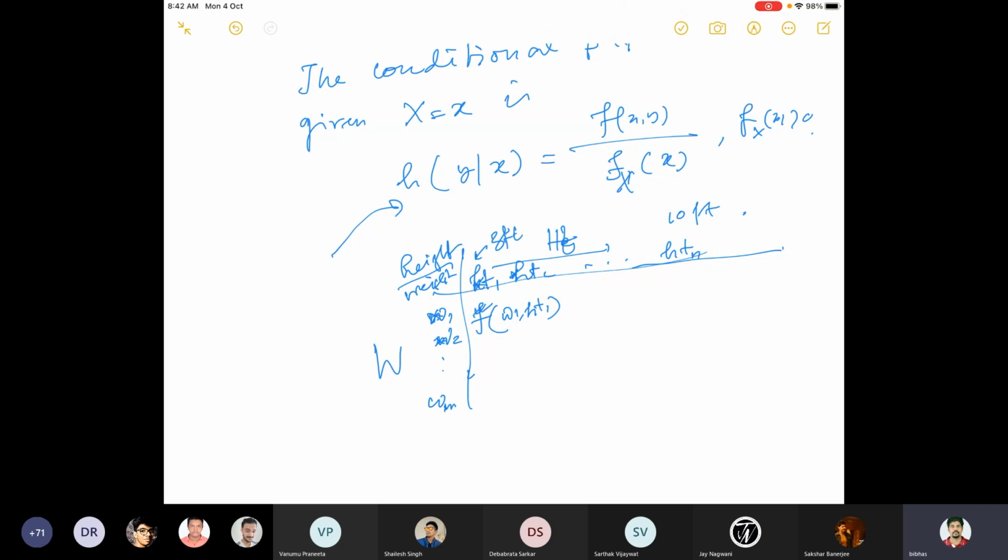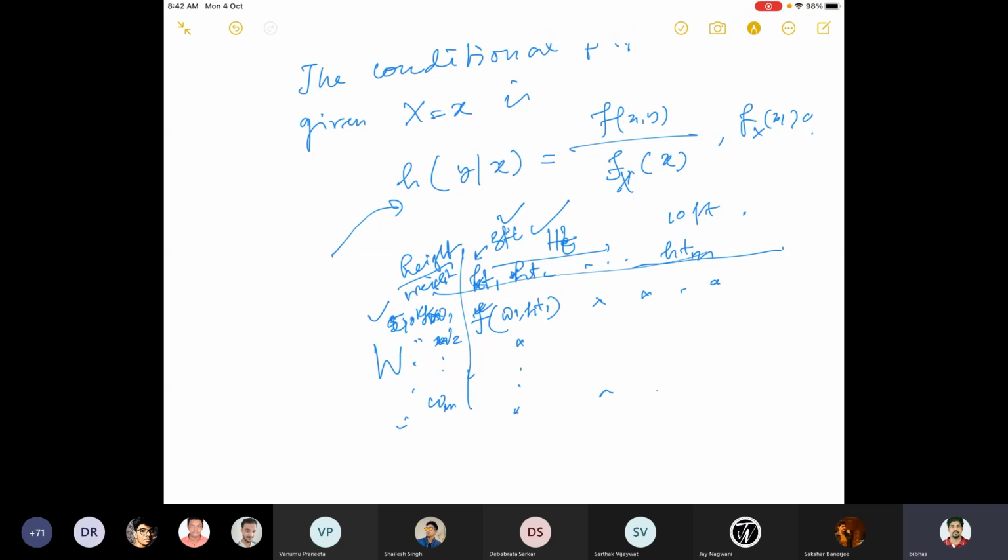And weight is, let's say, from 40 kg to 45 and so on, up to the same number of points, both are m. So I know what is the probability that the height is 3 feet and the weight is 40 kg. I know the probability that the height is 3.5 feet and the weight is, let's say, 45 kg. I know all these discrete values.